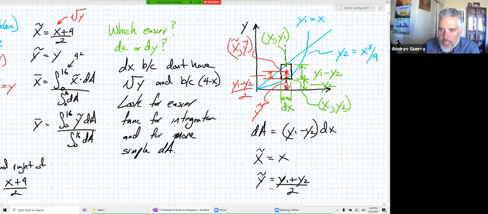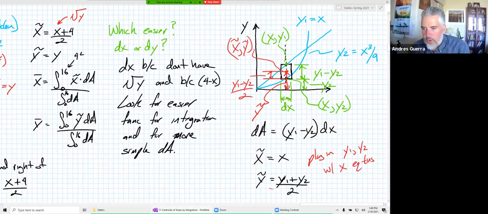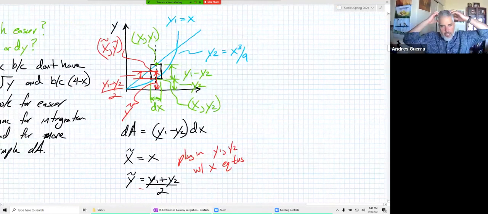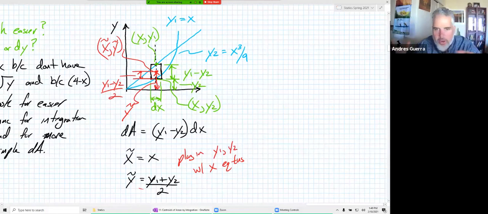Okay, so all we need to do is plug in our y1 and y2 with the x equations, and we can plug it into our weighted average integral equation. I didn't even provide the bounds on this one, but whatever the bounds are, we have to incorporate that as well.